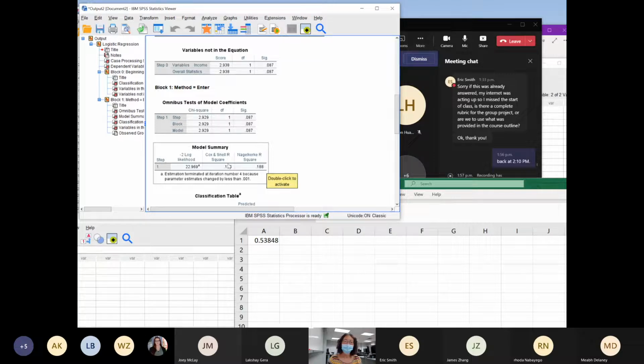So the percentage is not good. Just 13% to 18% are due to X. We hope that percentage is bigger. So that's another point to see this model is not a fit.